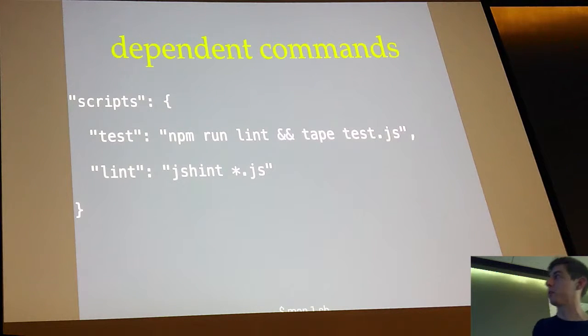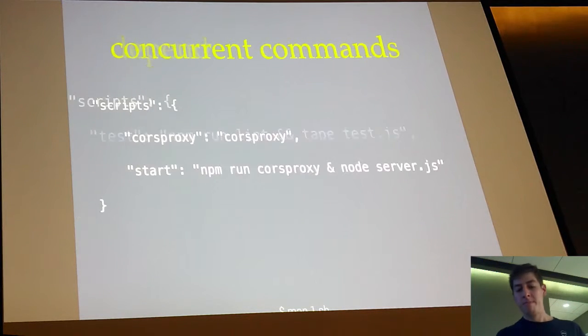Unix provides the double ampersand, which evaluates the first statement, the npm run lint, and then if the return code is not 0, it's going to short circuit that conditional and fail, and it's not even going to run the test suite because the linter didn't pass. Otherwise, it'll run the test suite, and hopefully all is good and the tests pass. So with the double ampersand, you can get dependent commands really easily.